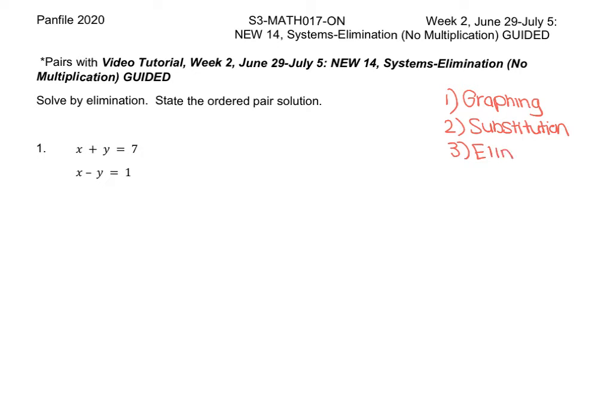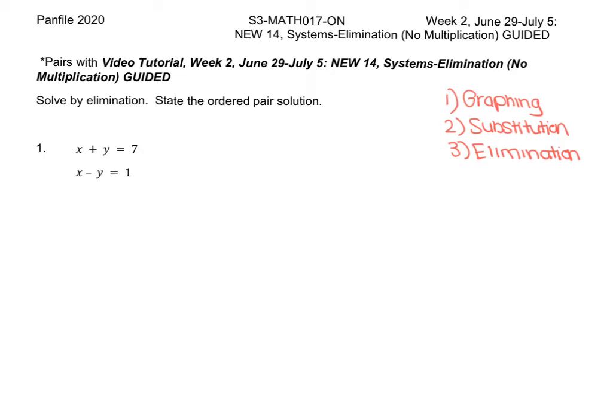They are named for exactly what they do. Graphing, you have to graph. Substitution, you have to substitute. Elimination, you actually have to eliminate. So you are eliminating one of the variables so that you can solve that way. Substitution, you are substituting one variable for another. And graphing, you are graphing the equations on a coordinate plane.